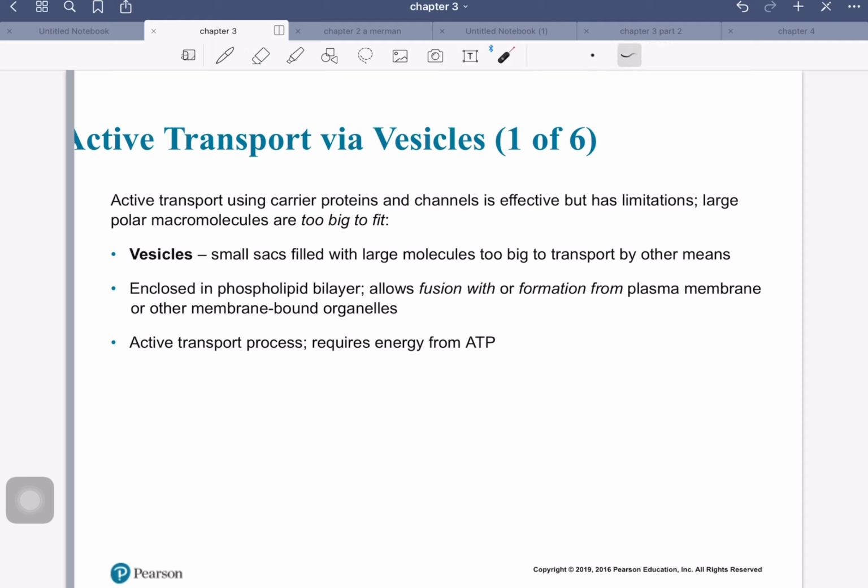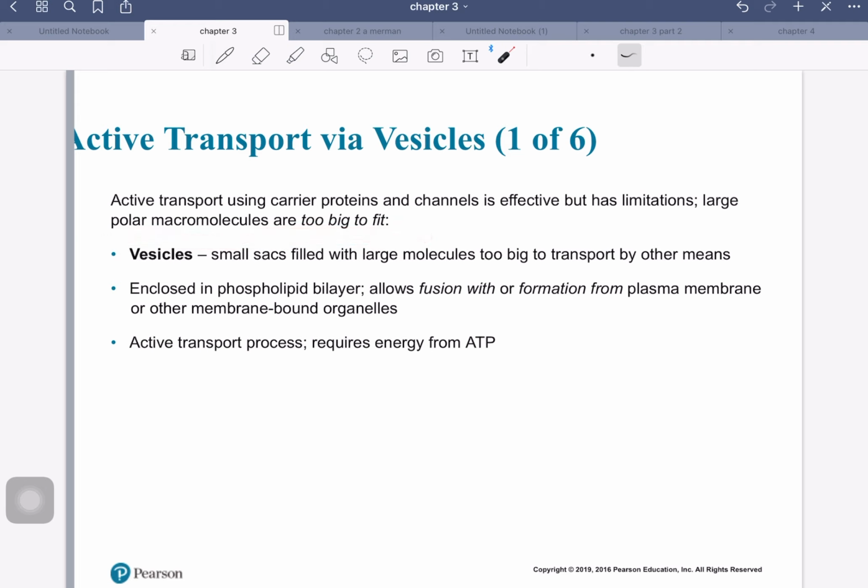But there are limitations: some things have the wrong chemical or physical properties, such as being too large.